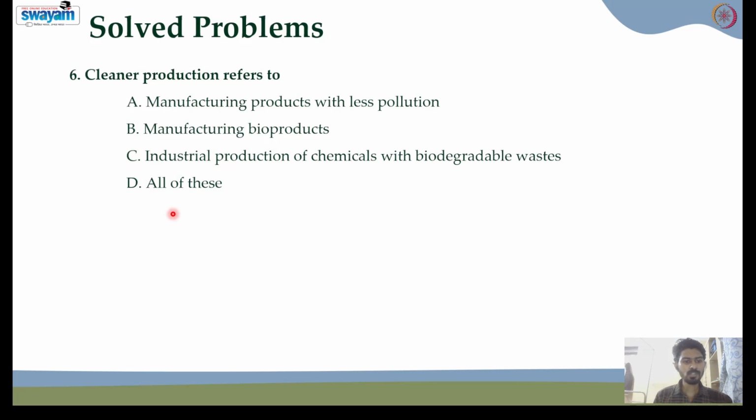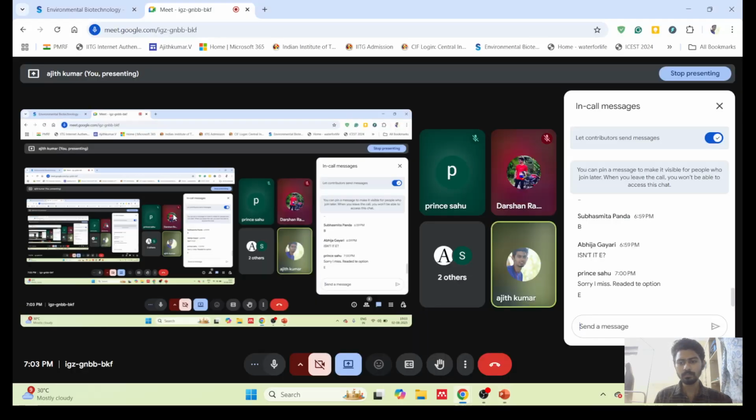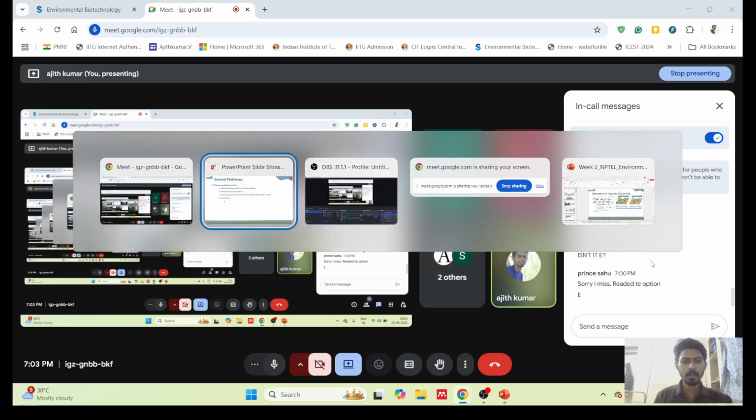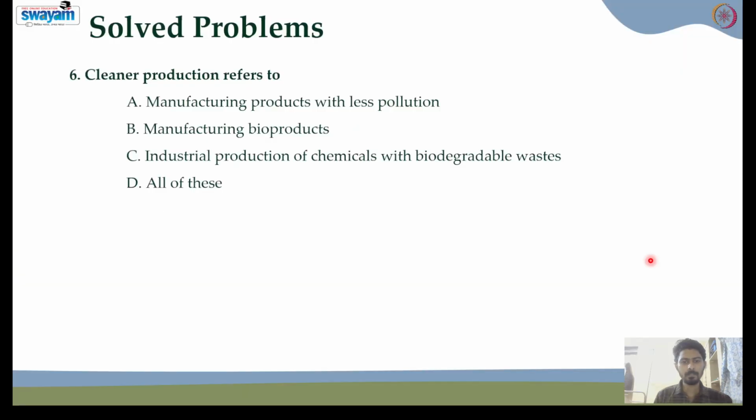Cleaner production refers to manufacturing products with less pollution, manufacturing bioproducts, industrial production of chemicals with biodegradable waste, or all of these.